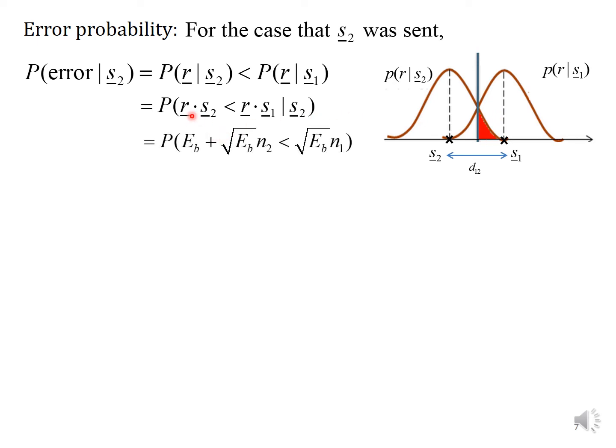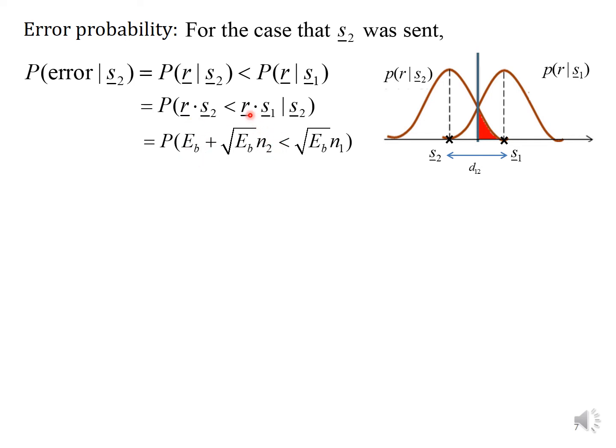By taking the inner product of these two vectors, given S2 was sent, the inner product of R with S2 would be this.